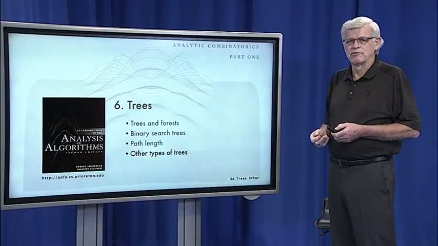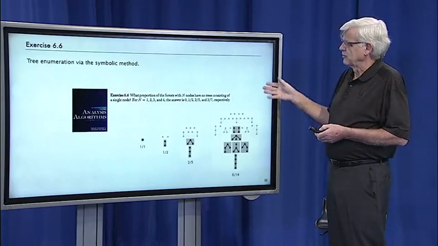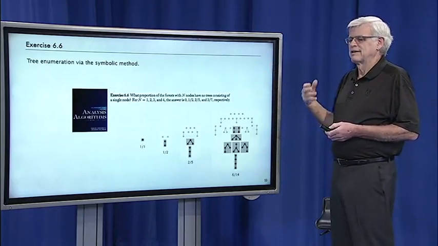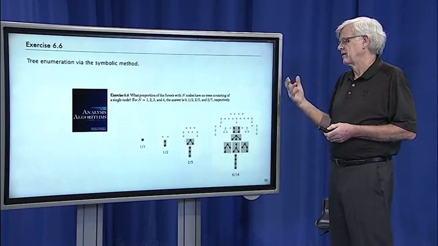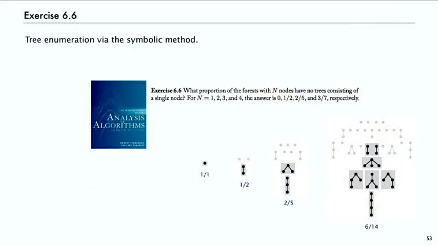Now I'll talk about a few exercises that you might do before the next lecture. There are plenty of exercises on tree enumeration to check out how comfortable you are with using the symbolic method for enumeration problems. So this one: we've got a lot of forests. Maybe we're interested only in forests that have no singleton nodes. So the question is, what's the proportion of forests with n nodes that have no trees in them consisting of a single node?